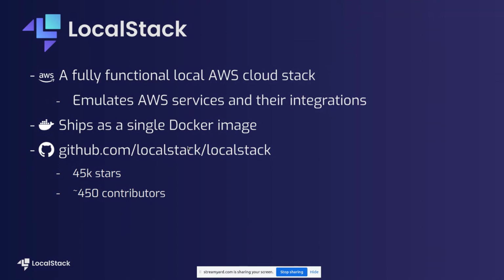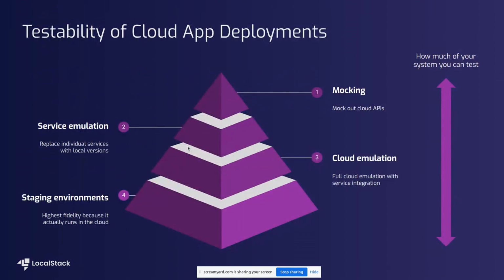But maybe to bring that a bit into perspective, what the local emulation of the AWS services means. Here's a fancy pyramid, which should showcase the different levels and what you can actually test of your system on those levels. On the top, we have the classic mocking. When you write a test, you basically need to mock your infrastructure.